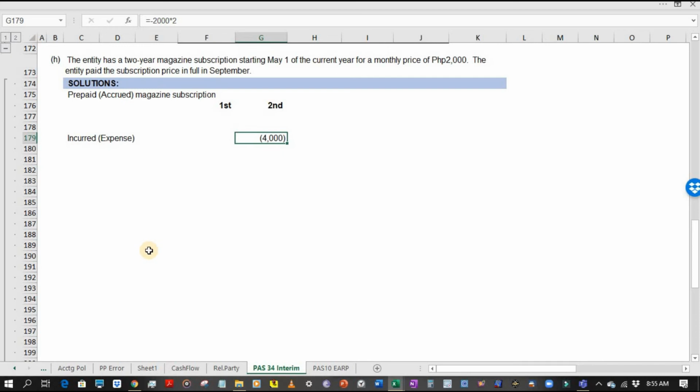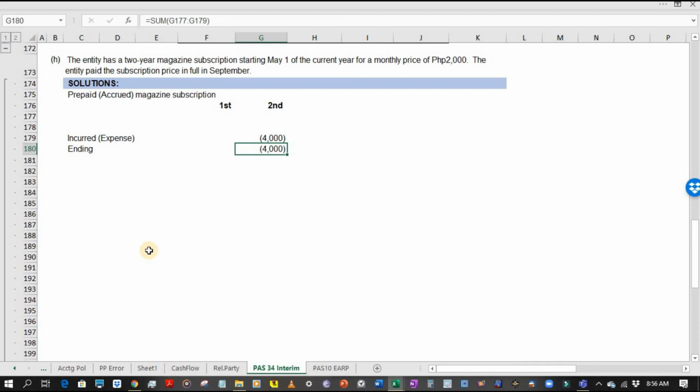And since this is not yet paid, this will be an accrued magazine subscription, which is a liability account. So as of the end of the second quarter, the entity will present an accrued liability magazine subscription of 4,000 in its statement of financial position.